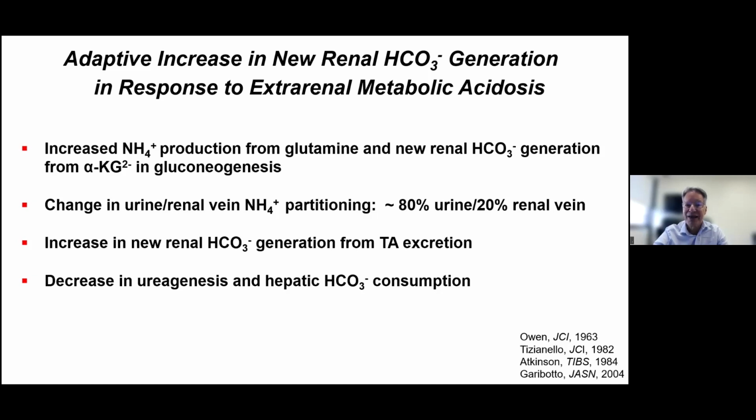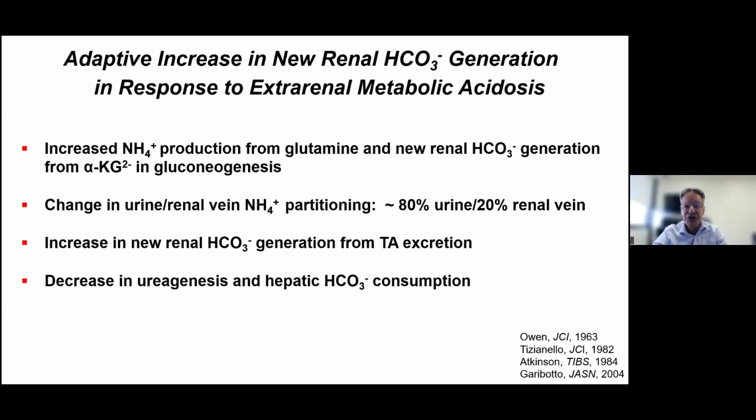The kidney doesn't quite get that far, but what it does is it repartitions the ammonium that it makes in that reaction in the mitochondria of the proximal tubule and sends 80% into the urine and 20% in the renal vein. So what that does is it actually frees up some of the bicarbonate that would normally be consumed in making urea and has it available for now this excessive extrarenal proton load. Okay, so you don't make as much urea as you would otherwise because you're sending less ammonia back to the renal vein.